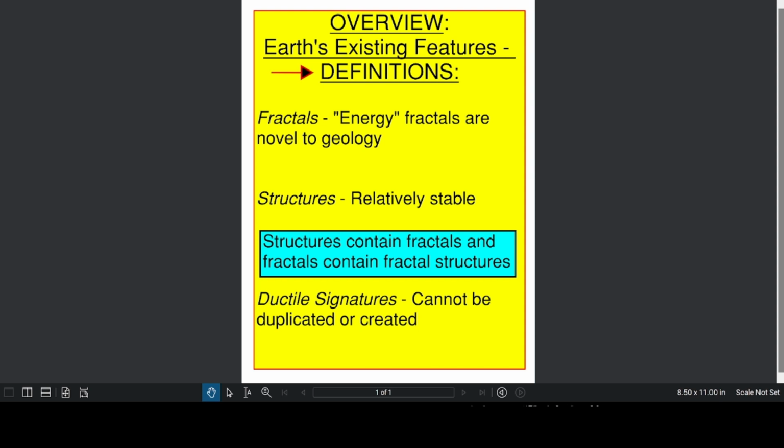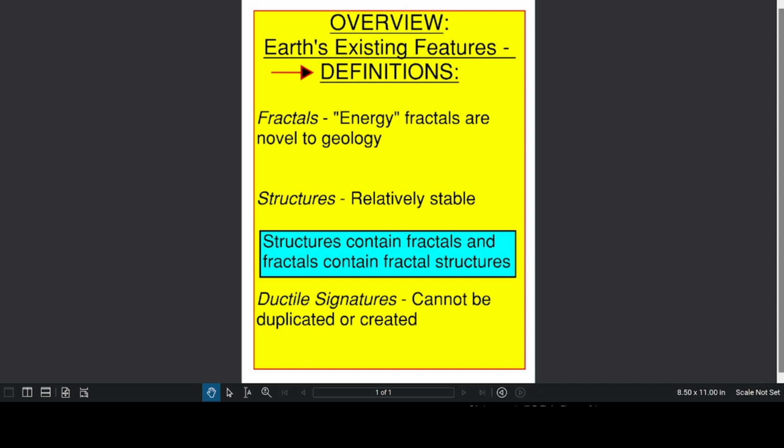That can be totally ruled out. Stuff is very complex to duplicate, impossible to duplicate. So if you look at the blue box there, structures contain fractals. Now, our continents are structures, and they contain fractals on all kinds of levels. There's zillions of them. And fractals, which are not real in a sense, they mimic reality.